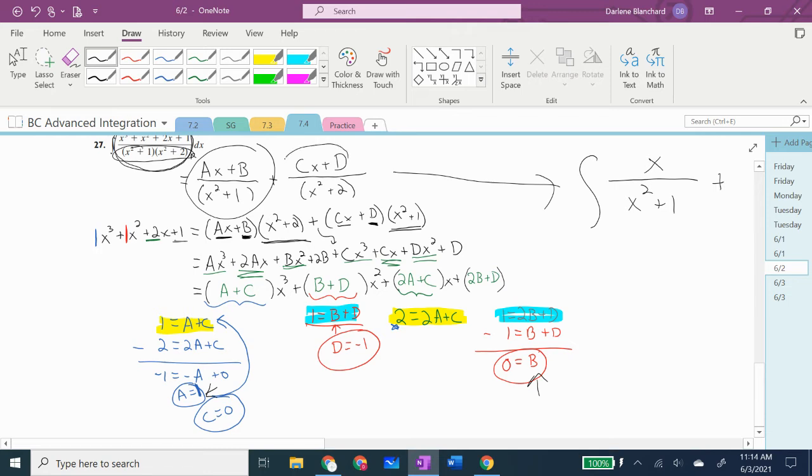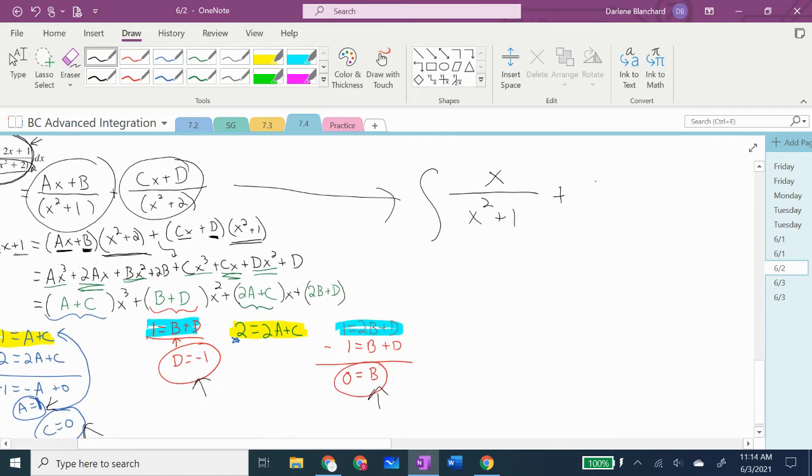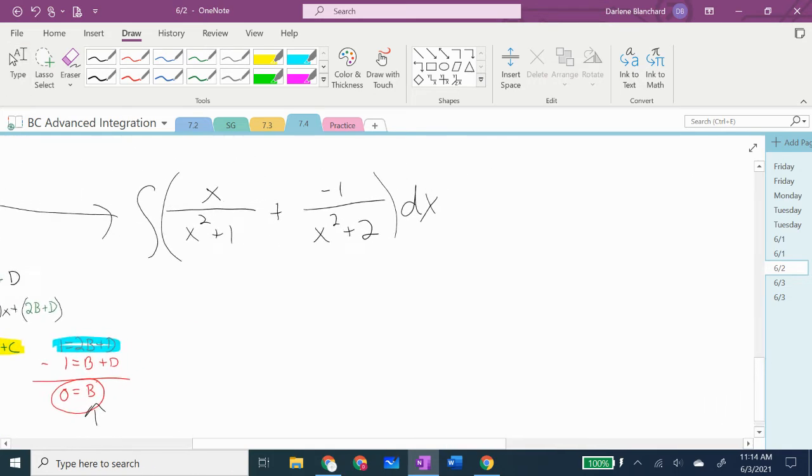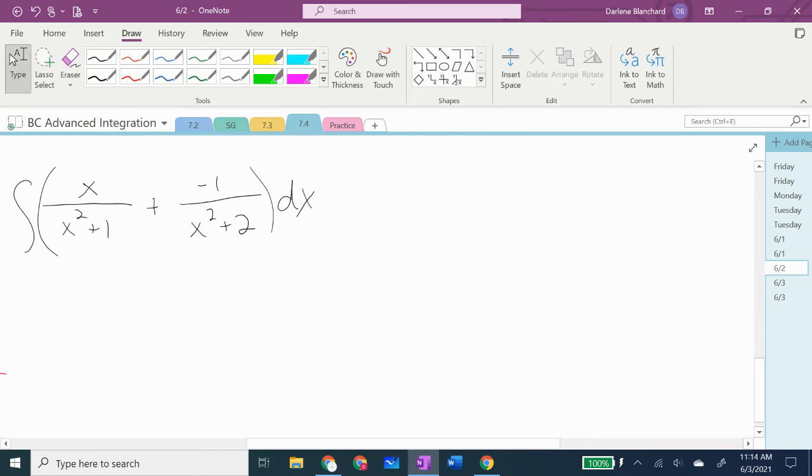And then I have cx plus d, which is 0x minus 1, so just negative 1, over x squared plus 2. And these are both really nicely going to be just u substitution.